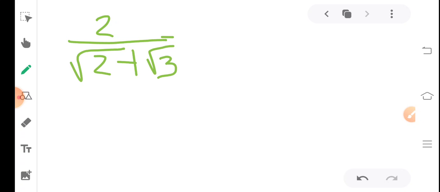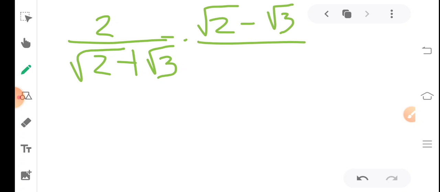Again, the process is known as rationalization. So we have to look for the inverse of the denominator and multiply it to both numerator and denominator. So we multiply with the square root of 2 minus the square root of 3 over the square root of 2 minus the square root of 3.